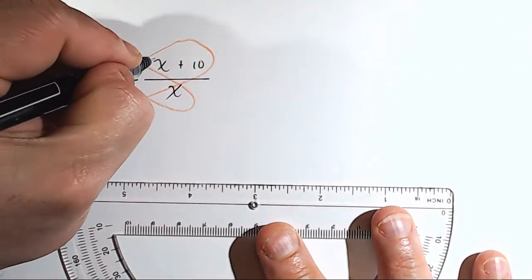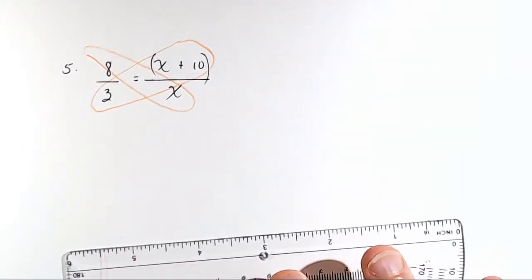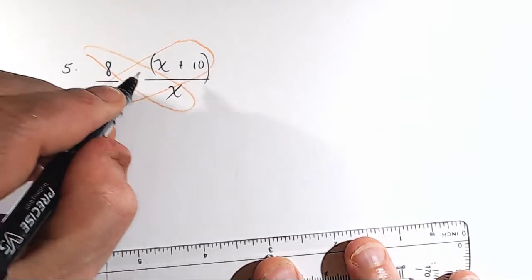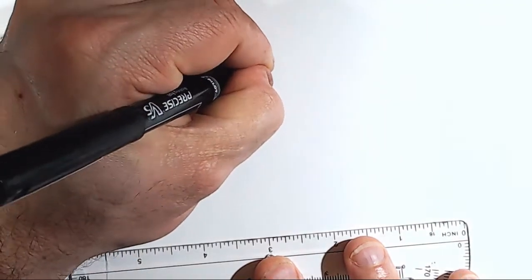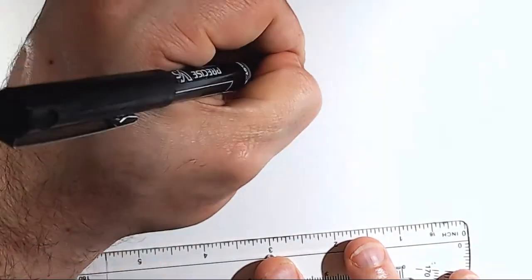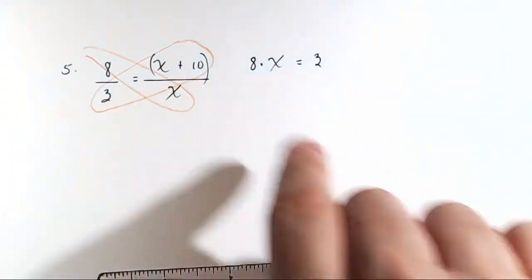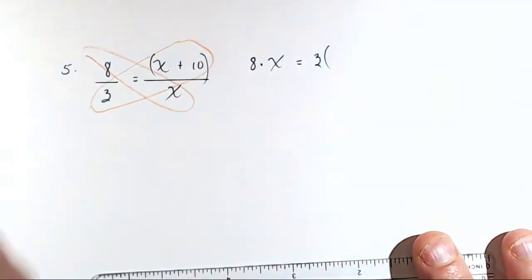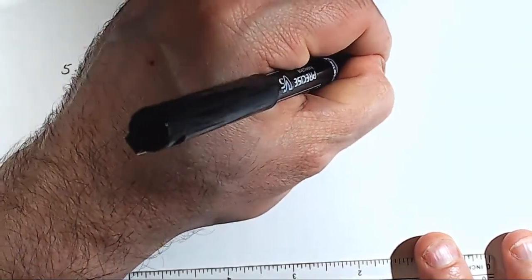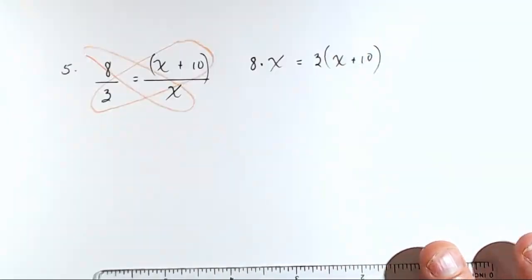And remember, put this expression in parentheses. Now let's write it out. 8 times x equals 3 times x plus 10. So we write 3 open parentheses x plus 10 close parentheses.